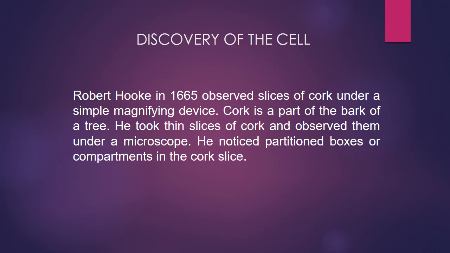He observed it for the first time in the cork cell, and he saw there are small boxes, some honeycomb-like structure, and he named these small boxes or compartments as the cell, because cell in Greek language means a small compartment or a small room. So Robert Hooke gave the name cell to the structure present in the cork slice. This is how the cell was discovered.